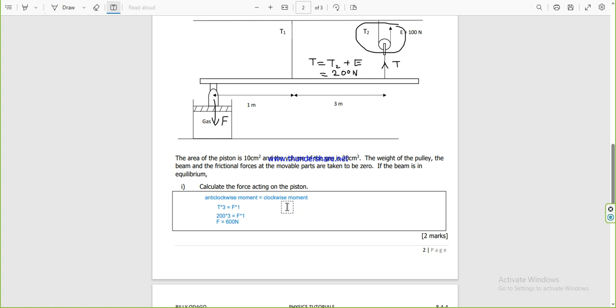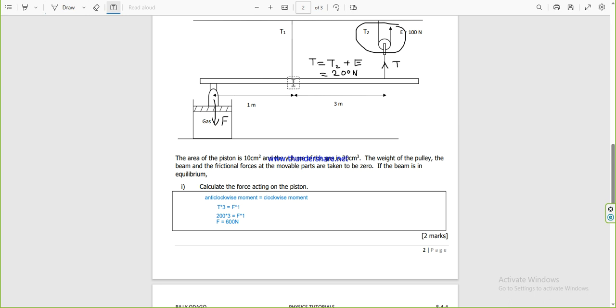We will take the anticlockwise moment due to the tension and equate it to the clockwise moment due to the force, and therefore T times 3 will be equal to the force we want times its distance from the pivot.